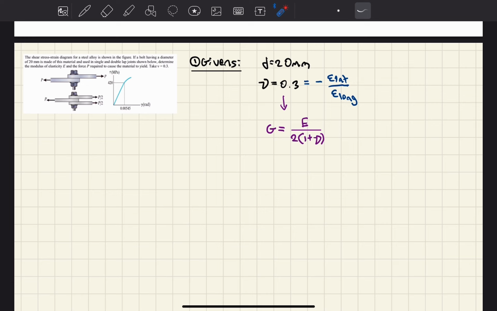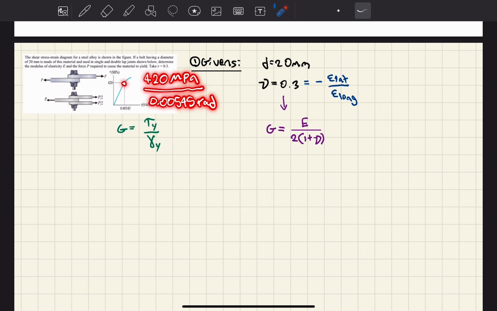And we can find the shear modulus as well, because I know that the shear modulus is just the yield shear stress over the yield shear strain, right? And I have the stress strain diagram right here. In this case, it is simply 420 megapascals divided by 0.00545 radians, right?